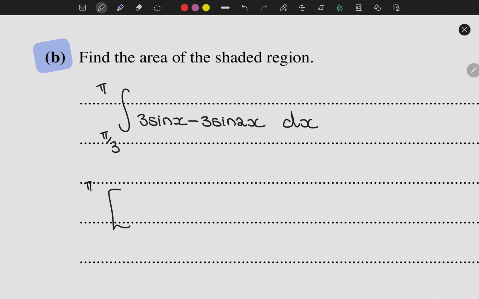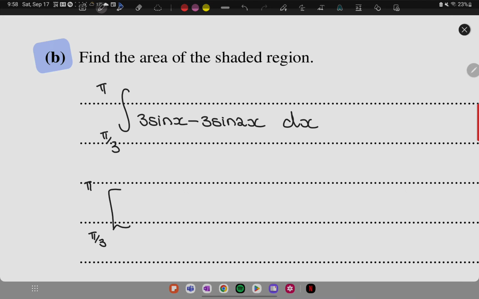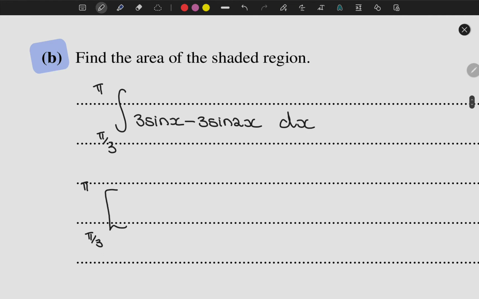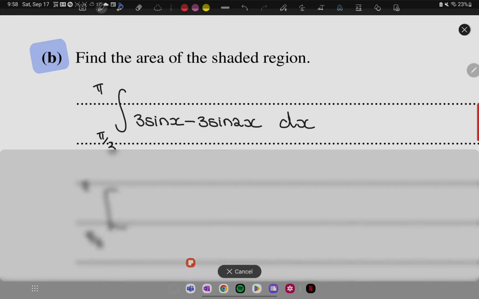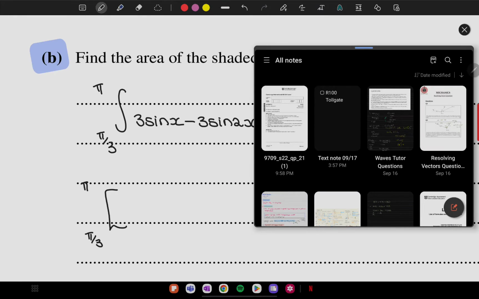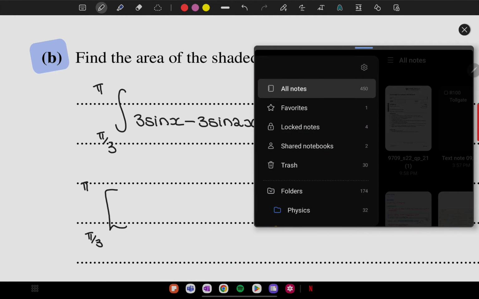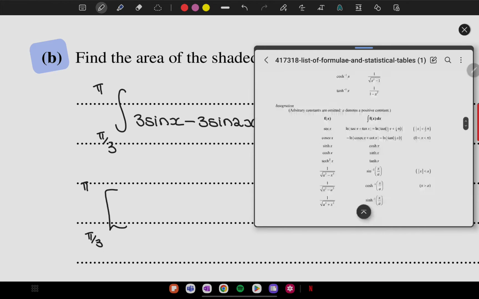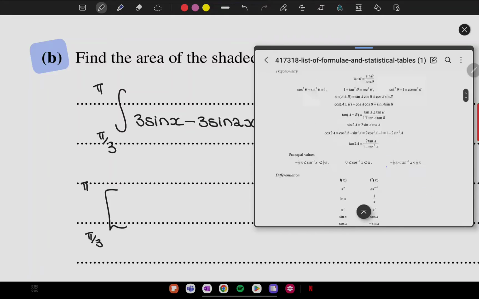So pi over 3. When we integrate sine, it's going to be negative cos, but this is all on your formula sheet. I just want to show you that the formula sheet is long, but it's very useful.